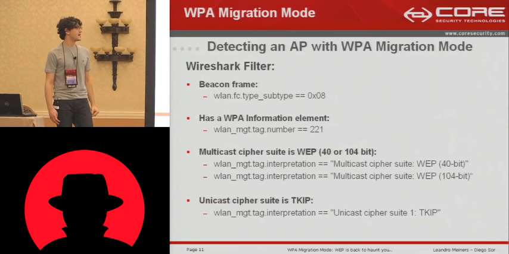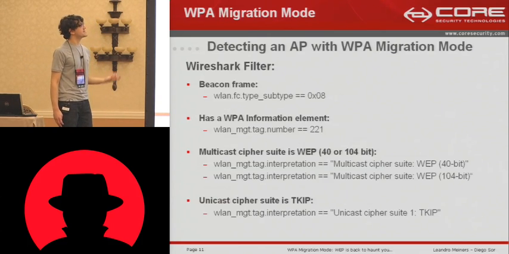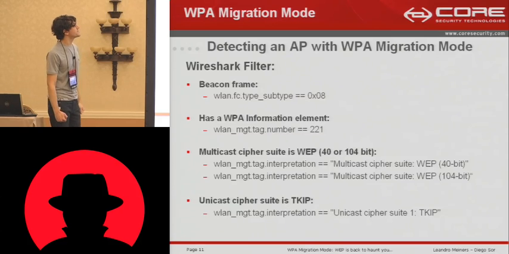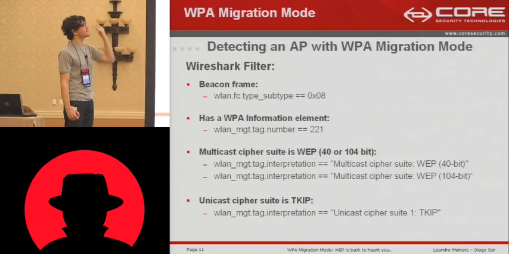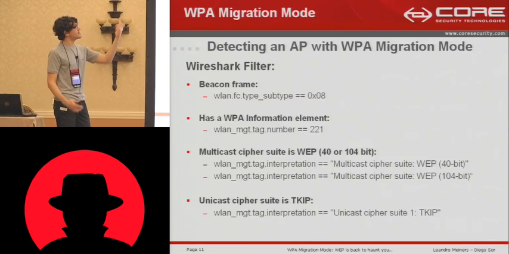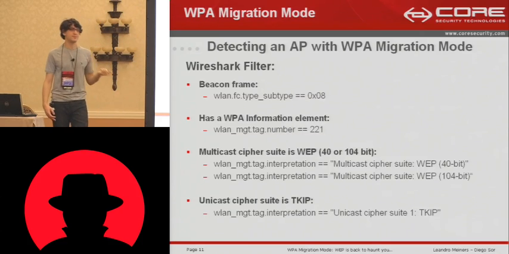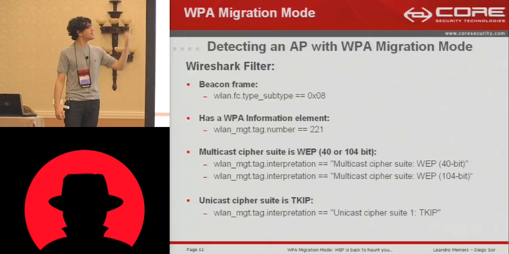So how do we detect this AP working in WPA migration mode? Basically, we are going to look at the beacon frames. First, filter the beacon frames using the frame control type subtype field. Then the WPA element must be present within the beacon.